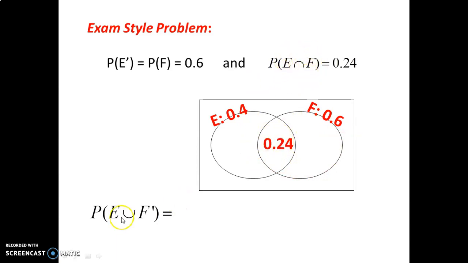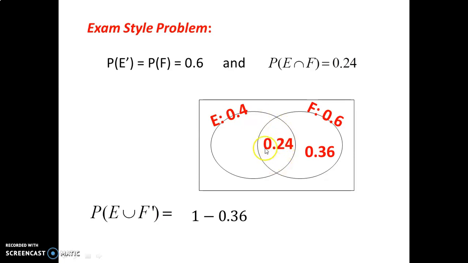Now to find probability of E union F naught, you're going to be looking for all the things in E and all the things outside of F. First of all, this part here is 0.36, because that makes 0.6 together, and that tells you that this probability must be 1 minus this part, because the union of E and F naught is basically everything outside of this F part.